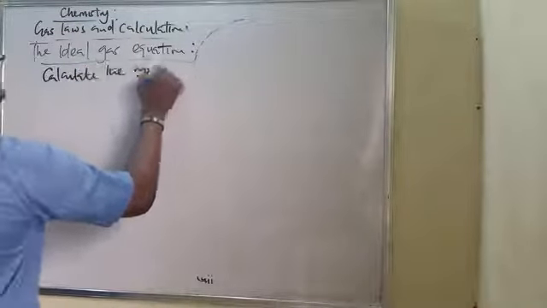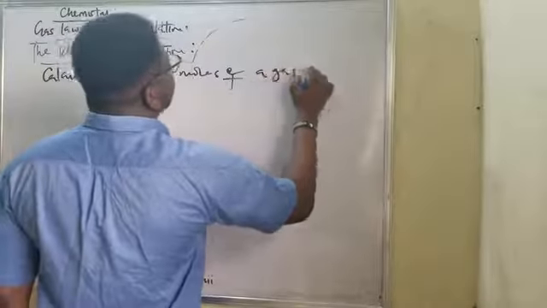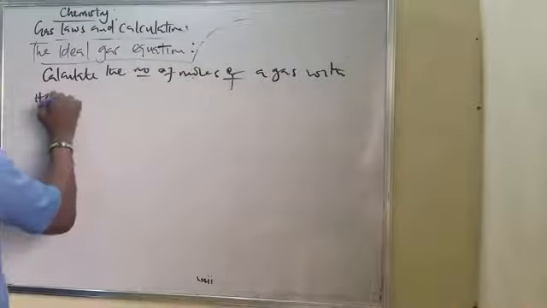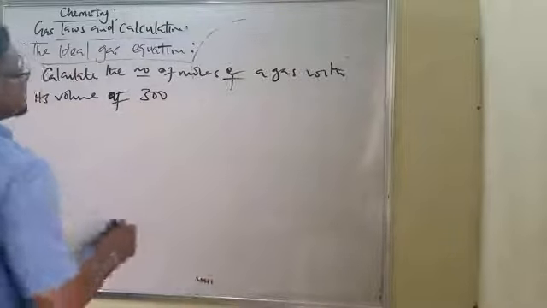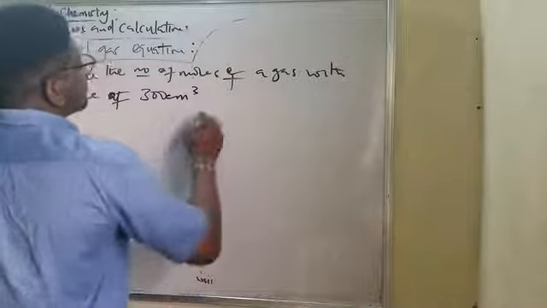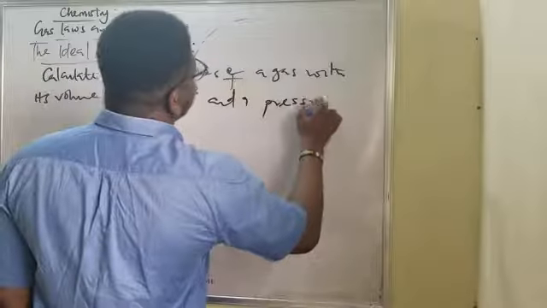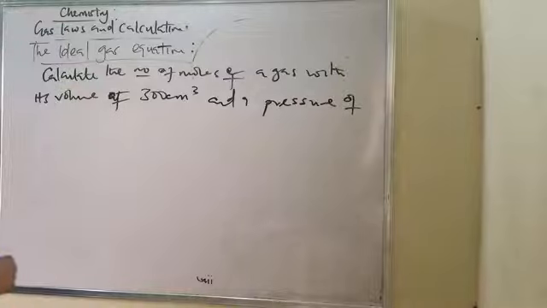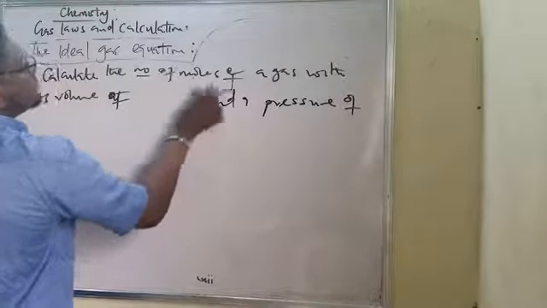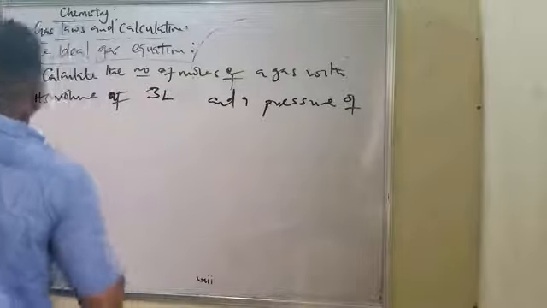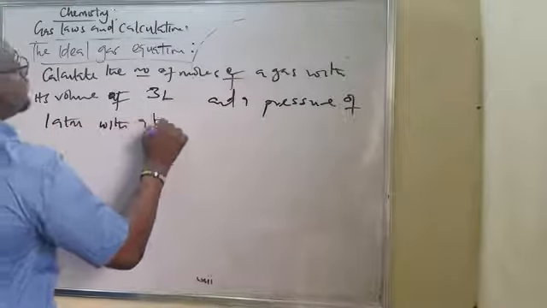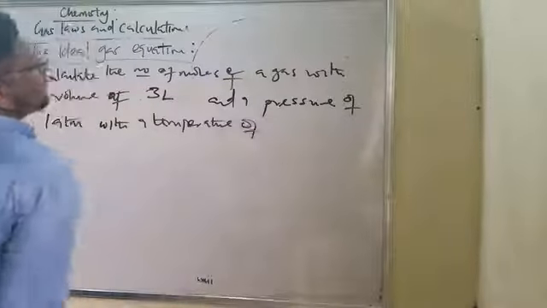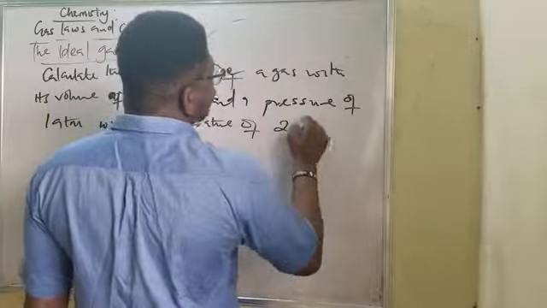Calculate the number of moles of a gas with a volume of 3 liters and a pressure of 1 atm, with a temperature of 20 degrees Celsius.